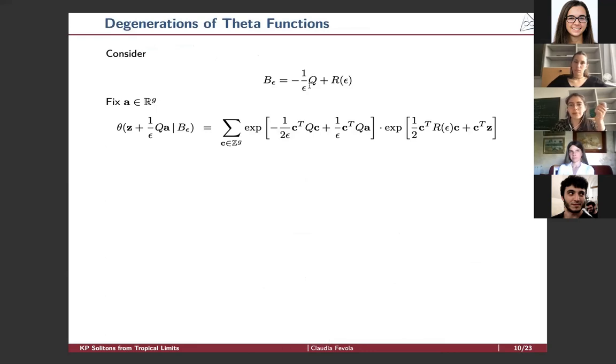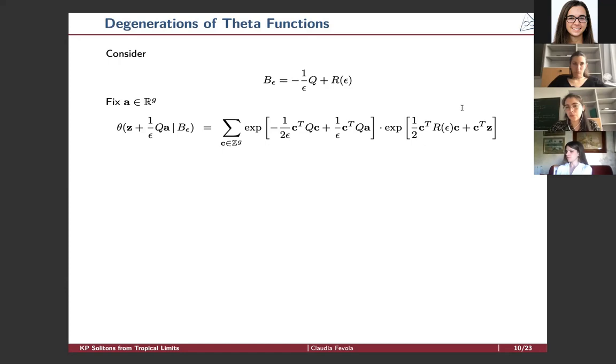So what happens is that now we look at a family of Riemann matrices in which R of epsilon is a G by G symmetric matrix whose entries are complex analytic functions that depend on epsilon and that converge as epsilon goes to 0. And now we fix a point, a real G-dimensional vector, and we consider this shift of the variable z.